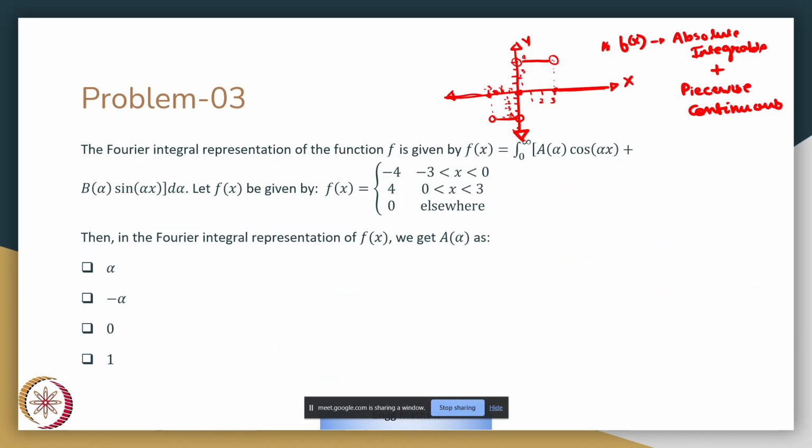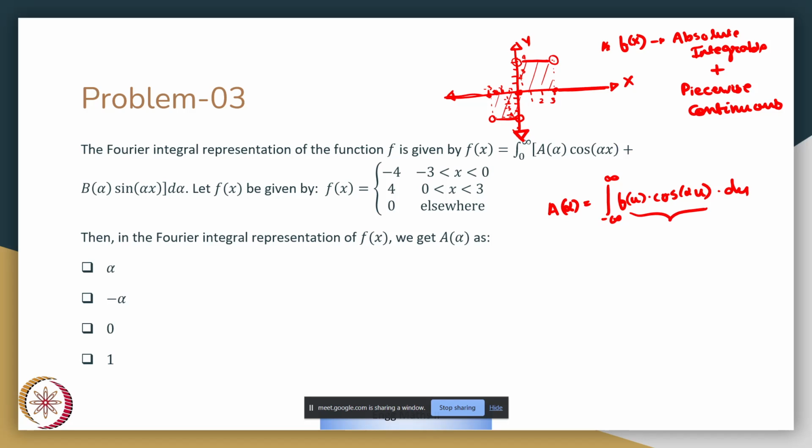Okay, and here is this function's shaded area, and we are asked to get a of alpha. So a of alpha is nothing but integral minus infinity to infinity f of u cos alpha u du.